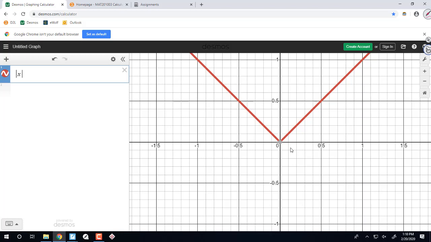So if we're talking about this point and h approaches 0 from this direction, then we have this particular slope, whatever that is, we'll call it m. But if we approach from the other direction, we have this particular slope, which is negative m.